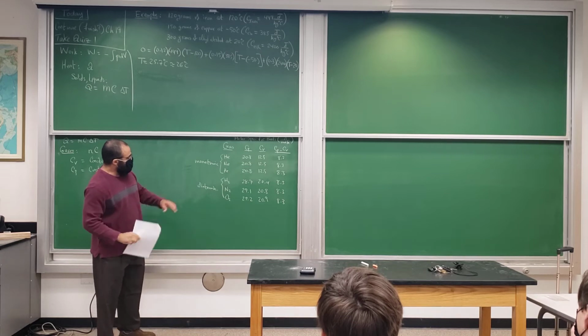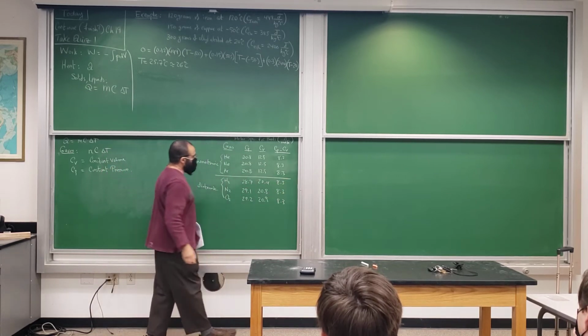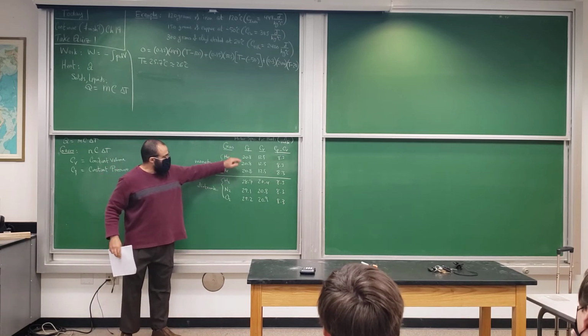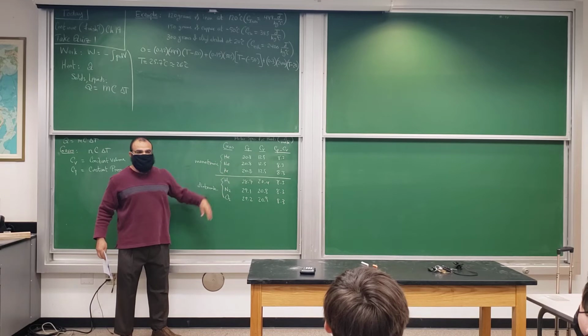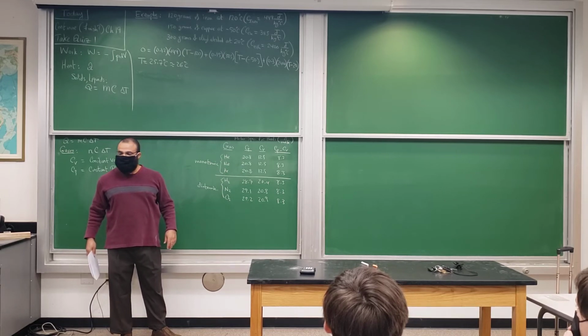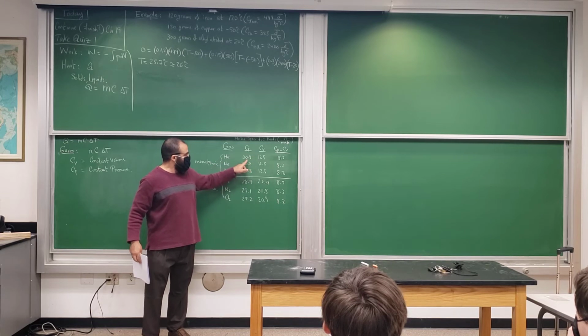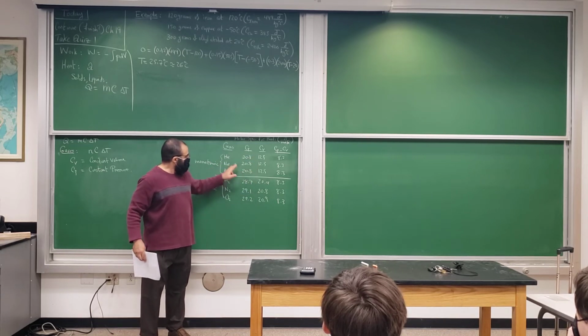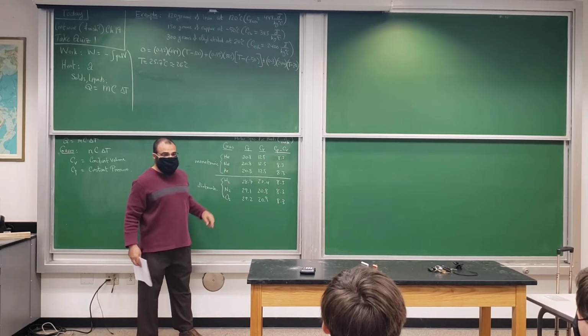Let's consider the monatomic first. Their specific heats, Cp for example, are all similar. Cv is also the same. As long as it's monatomic, the Cv or Cp is the same.